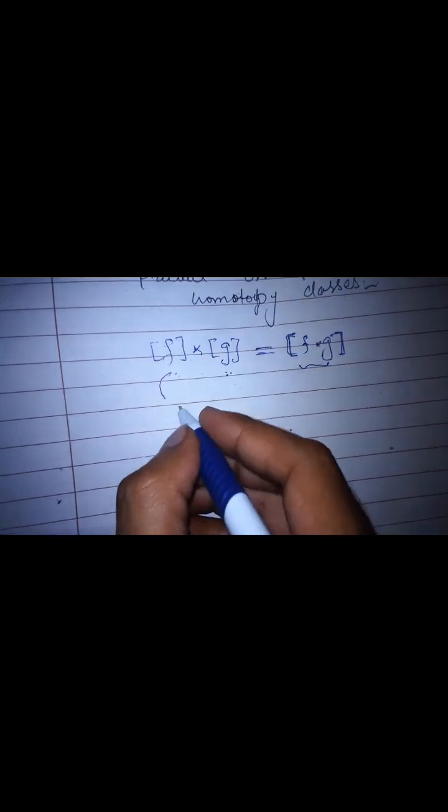So first we take f dash, a path homotopic to f, and let's say g dash is a path homotopic to g, and g dash belongs to this class.